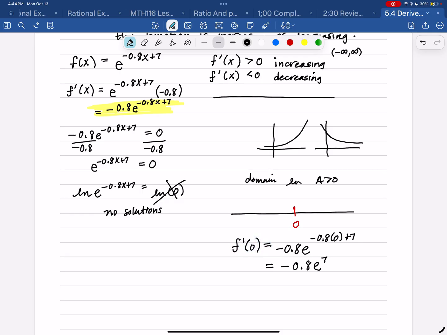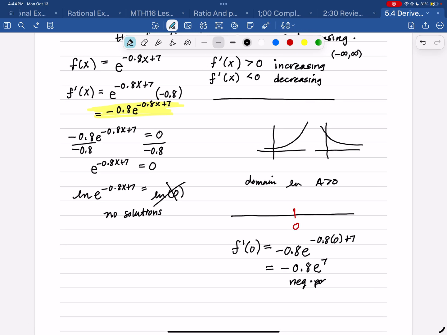So that's a negative number because this is a negative, and e to the 7 is about 3 to the 7th power, which is positive. So f prime of x is less than 0 because a negative times a positive is a negative. So this function is decreasing always. Remember, our number line was wide open. It's decreasing from negative infinity to positive infinity.